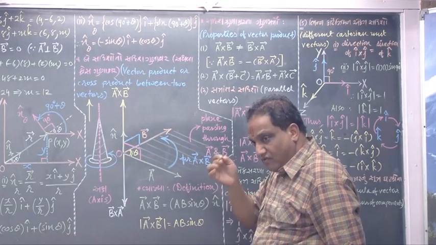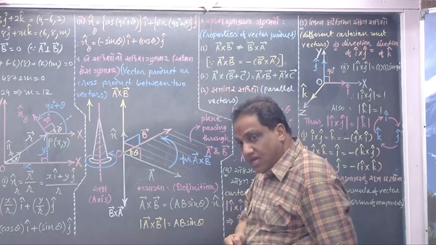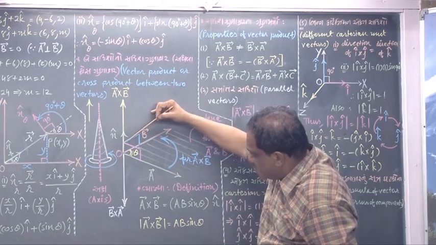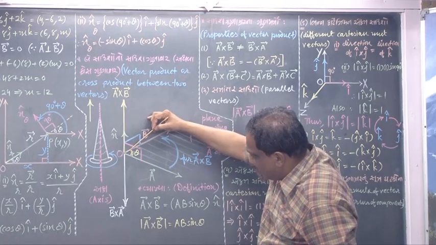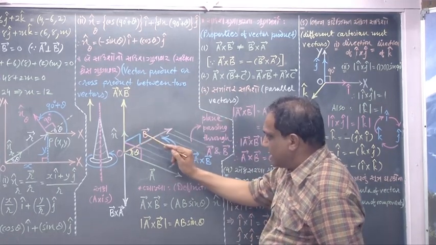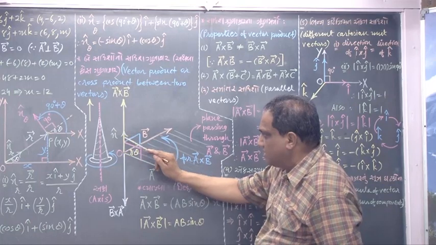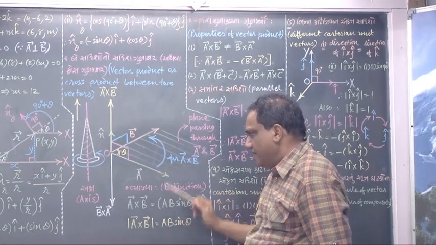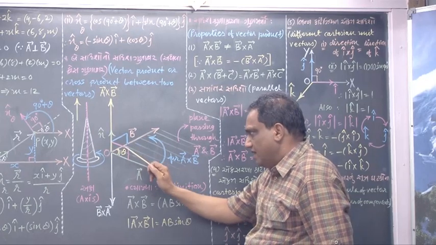Yes, this is also perpendicular to this vector. But if you want to show the right angle exactly, you should take care to show this line segment very much parallel to vector B, this one very much parallel to vector A, and this one very much parallel to this.